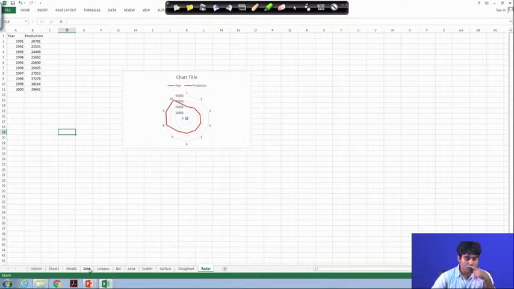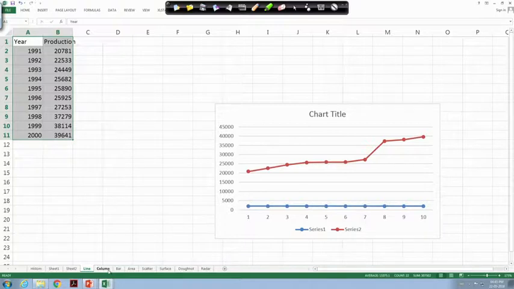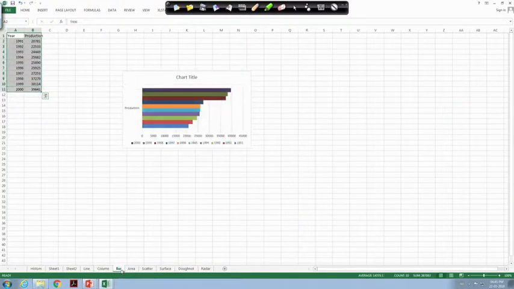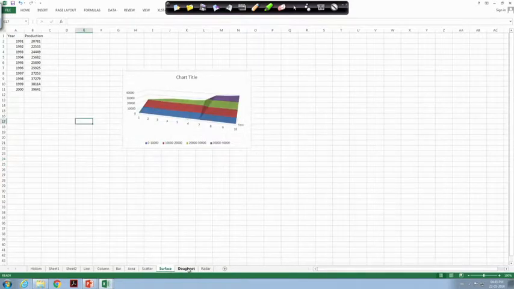If you start here, this is simply year-wise production data from 1991 to 2000, and we are just checking these production behaviors with the help of different charts and diagrams, visualizing to know what is happening in this kind of data reporting. The same data we show as line chart, column chart, bar diagram, area diagram, scatter plotting, surface diagram, net, radar.